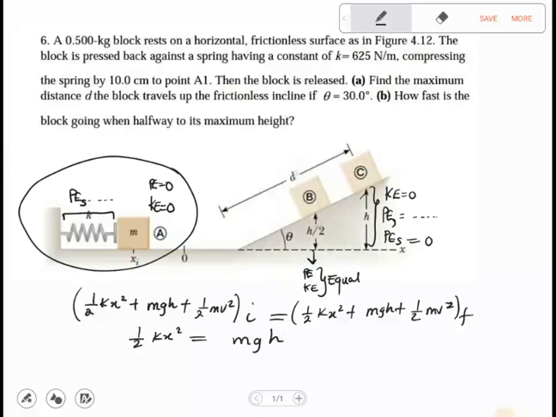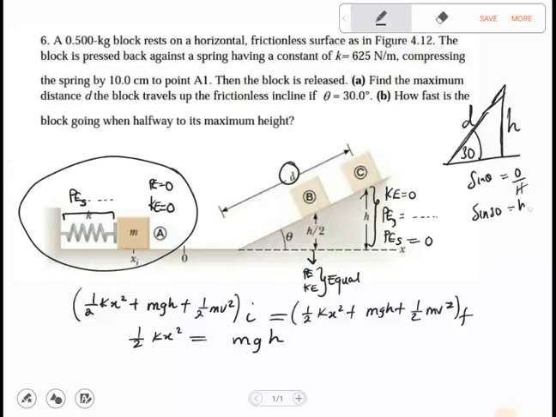But we are looking for this distance, d. Now I'll take you back to SOHCAHTOA. We have a triangle like this, where this is the height, this here is d, and this is the angle, 30. We're looking for d. From SOHCAHTOA, we know that sine theta is equal to opposite over hypotenuse. In this case, sine 30 equals opposite, which is h, over hypotenuse, d.